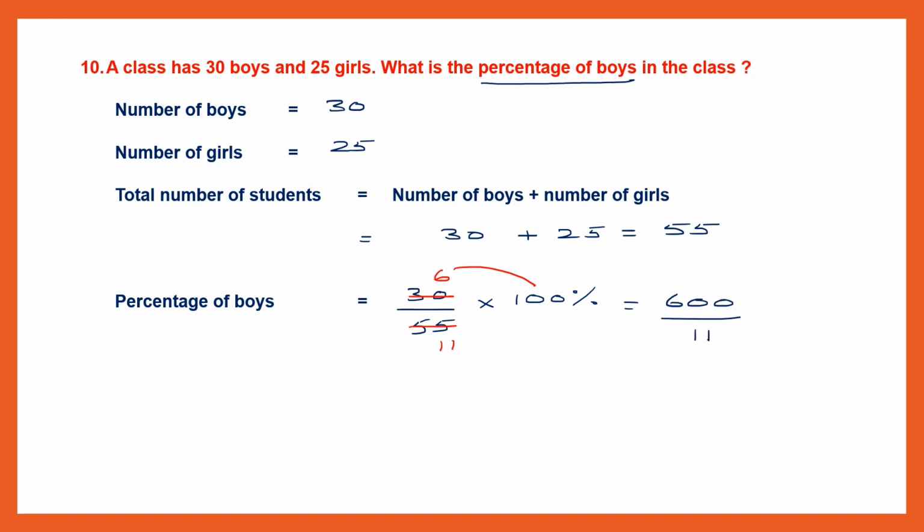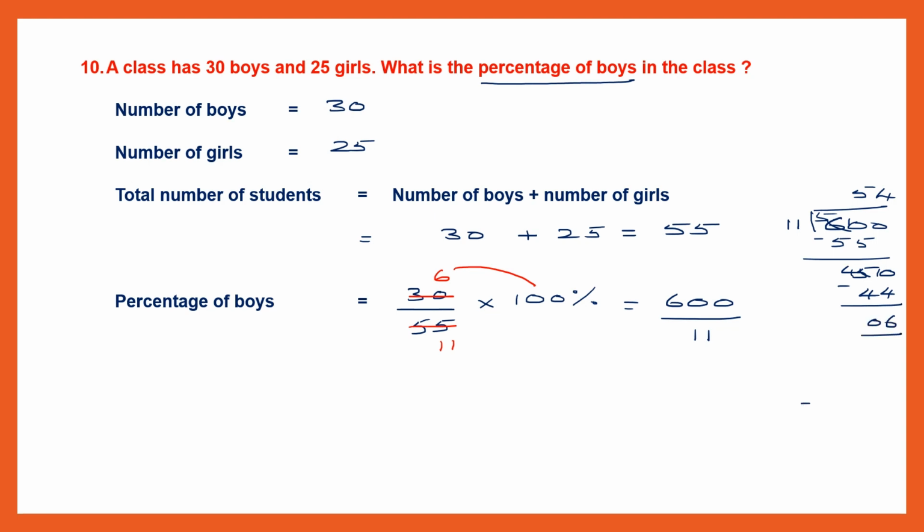Now I have to divide 600 by 11 to find the percentage of boys. So let's do that. 600 divided by 11. 11 fives are 55, minus, and then 5 here, 10. 10 minus 5 is 5, and then you bring down 0. 11 fours are 44, minus, 4 and 10. 10 minus 4 is 6.